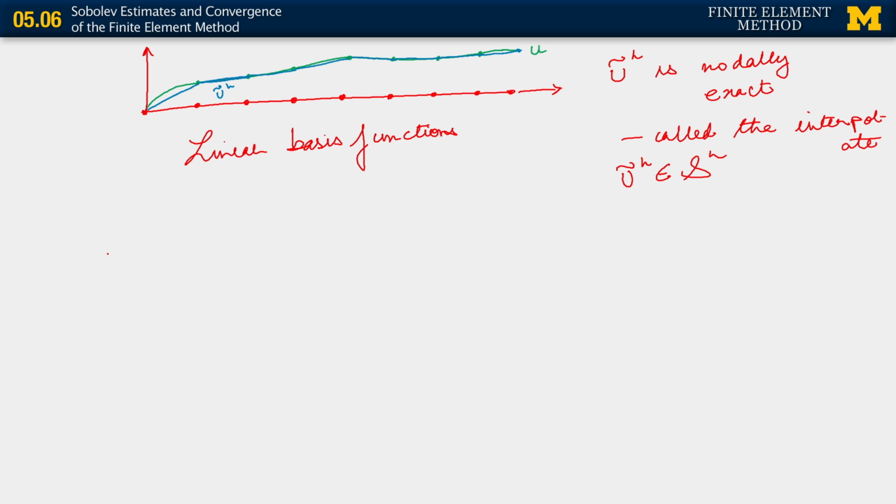Now, here is a result. The theory of Sobolev spaces, or the mathematics of Sobolev spaces, functional analysis on Sobolev spaces, gives us the following so-called interpolation error estimate in Sobolev spaces.